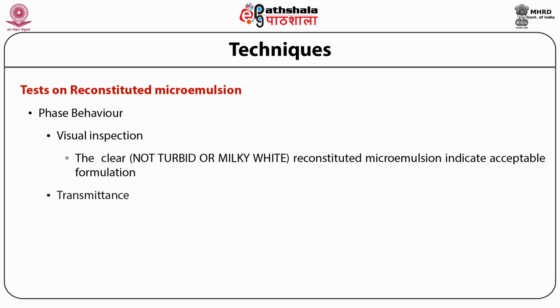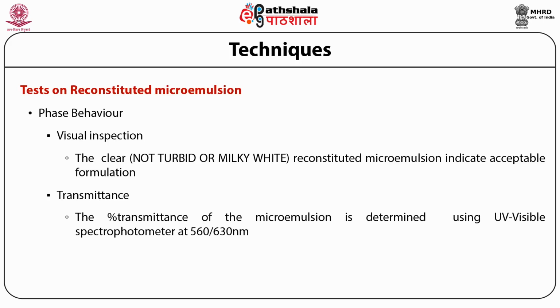Transmittance, that is quantitation of this turbidity level, is determined as the percentage transmittance of a microemulsion using a UV-visible spectrophotometer at a wavelength of approximately 560 or 630 nanometers. But these wavelengths are not specific. You need to determine the lambda max of the particular turbidity levels, depending upon the microemulsion you are looking for.